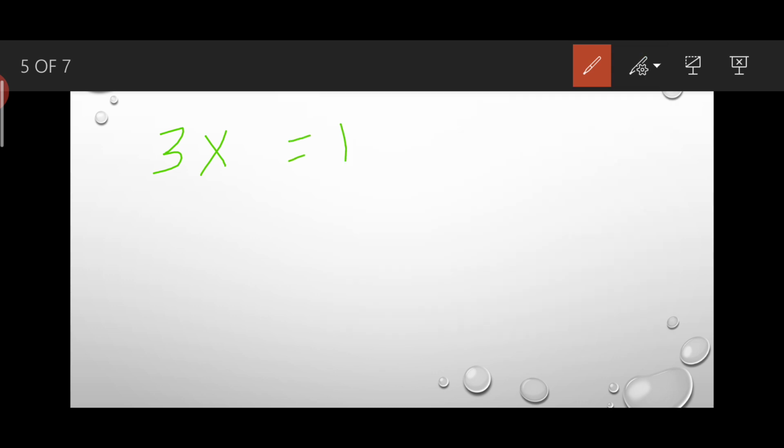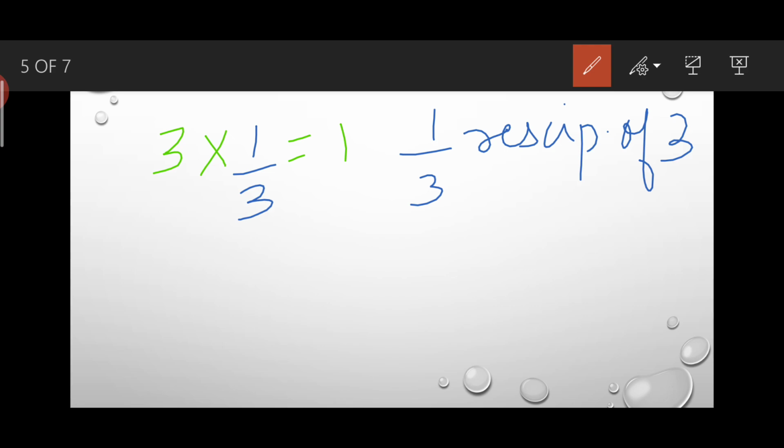If we multiply by 1 by 3, the result will be 1. That means 1 by 3 is the reciprocal of 3, or we can say 3 is also the reciprocal of 1 by 3. Okay, so what was our tip? The tip was, you just have to swap the numerator and denominator.